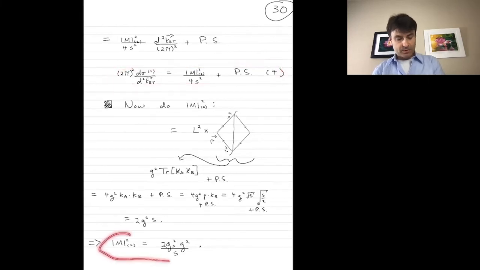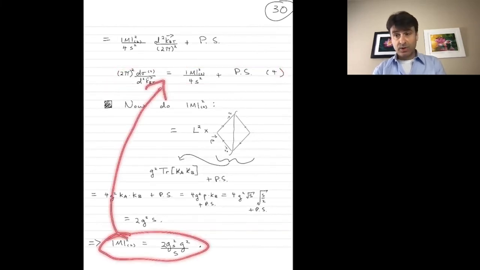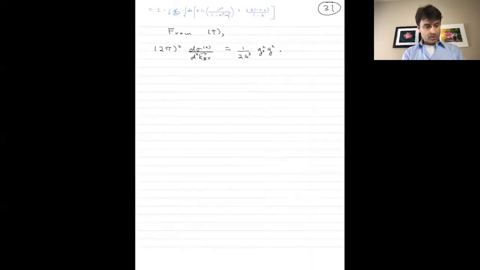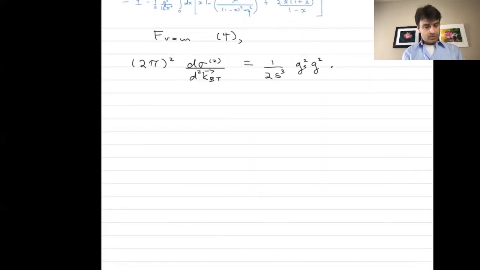So if I substitute in the expression for the amplitude into equation 4, here is the cross section. Note that it has the right units. Okay, so this is the cross section. This is the 2 to 2 calculation of the cross section for this jet process, if I only kept the lowest non-vanishing order.